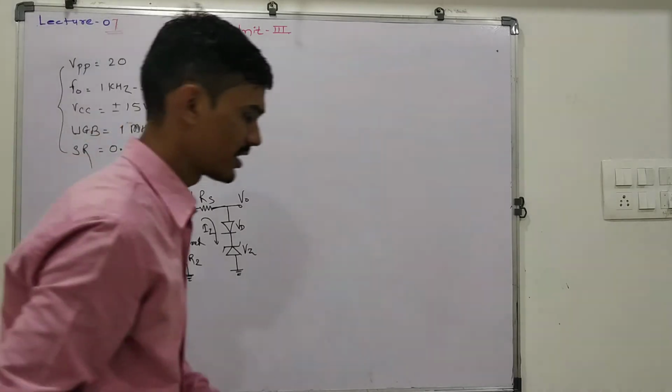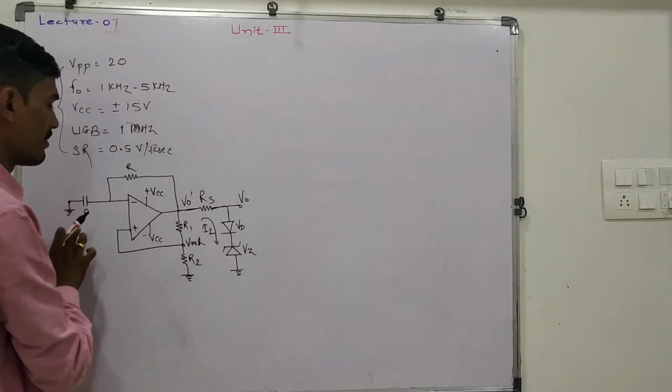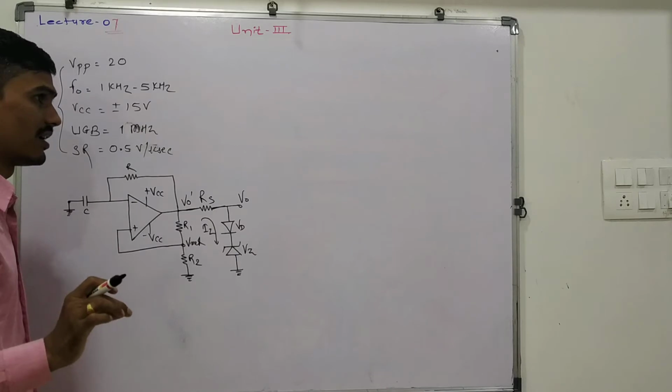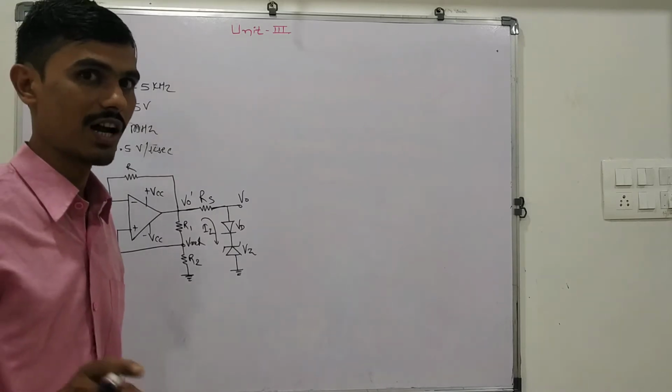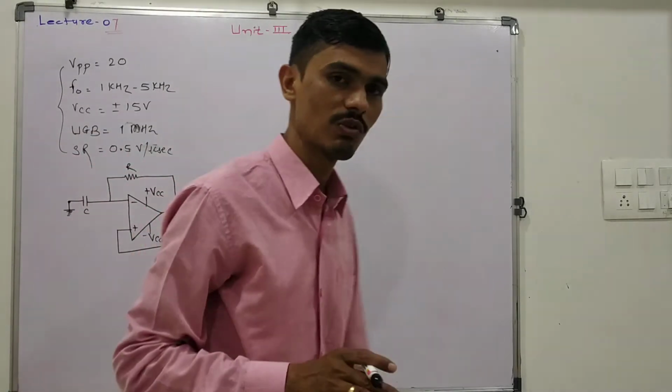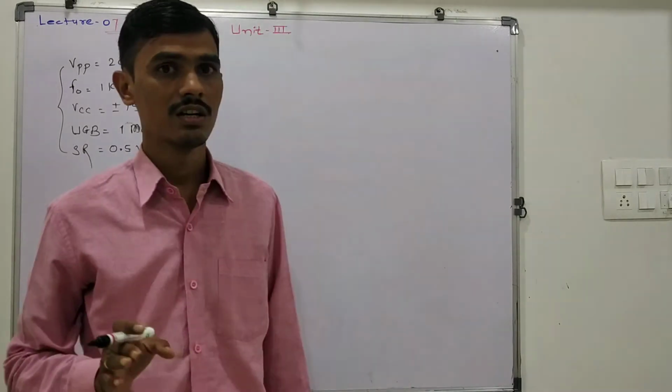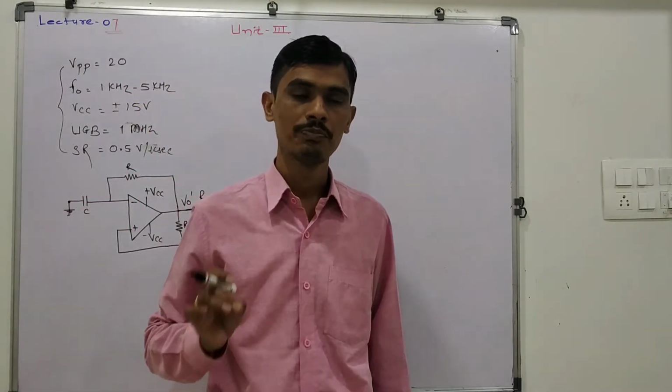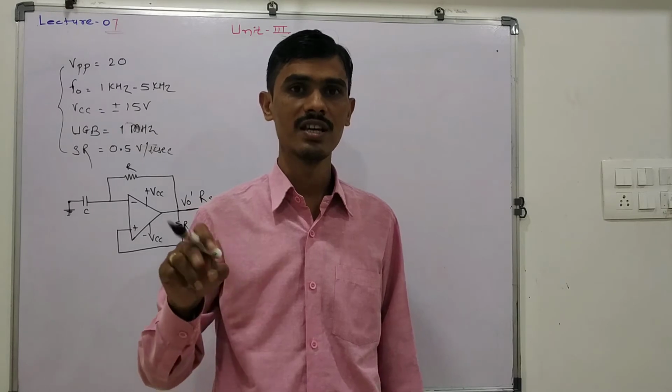Now, one another thing, as for the frequency, we know that T is equal to 2RC. If we are assuming R1 is equal to 1.16 R2, then definitely the time period T is equal to 2RC.